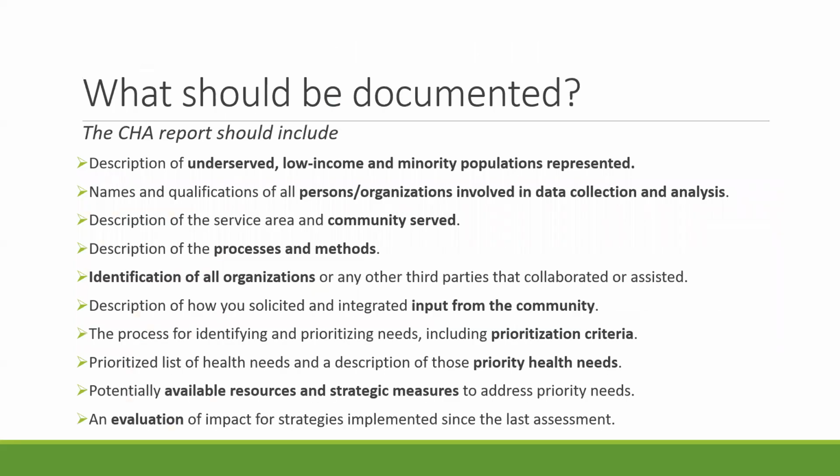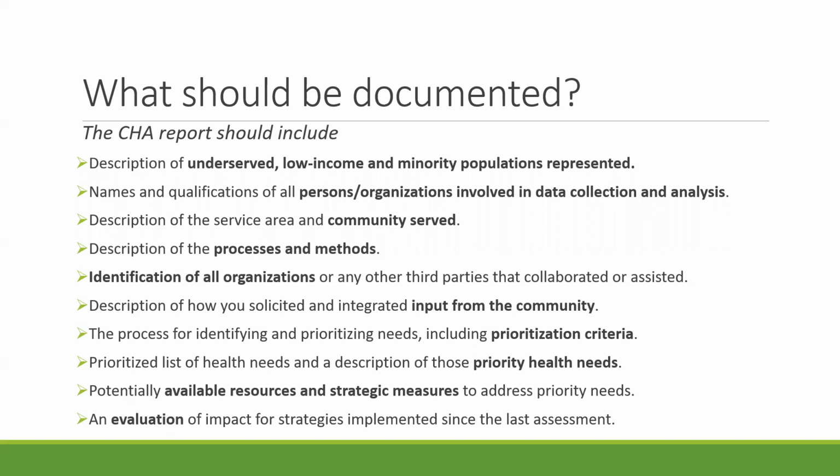What should be documented? You want your CHA report to include the following information. Keep in mind these are not requirements for what should be submitted to us, but rather guidelines for the type of information that you want to make sure is included in the results of your assessment. You want to include the underserved, low-income, and minority populations that are represented.